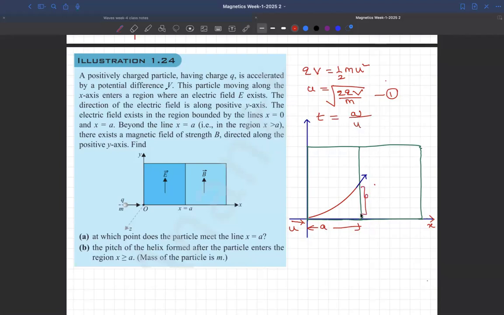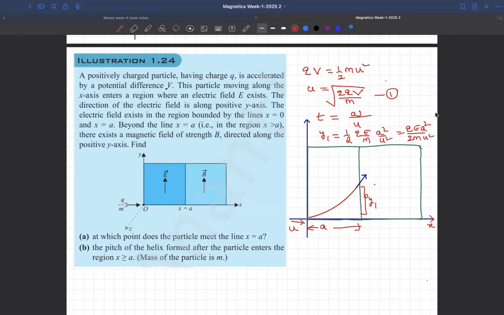Now this is Y1, for example. Y1 is half QE by M T square, which is A square by u square. So QE A square by 2M u square. That is Y1. First point, at which point does the particle meet line x is equal to A, I have given.